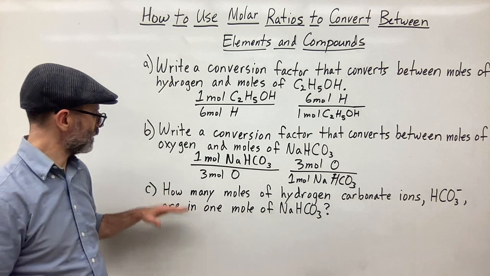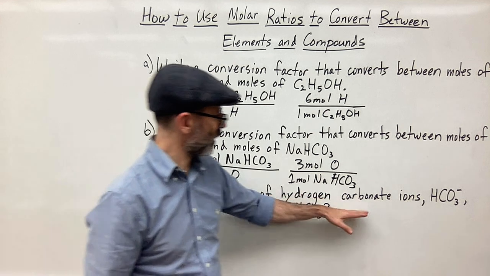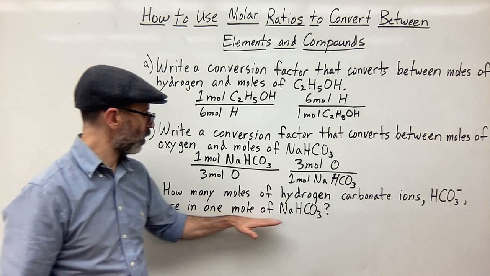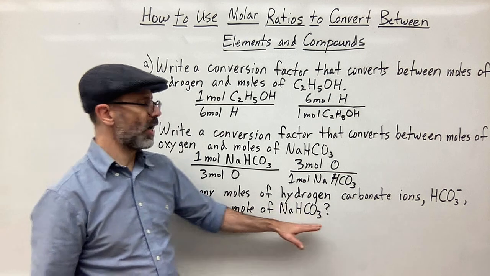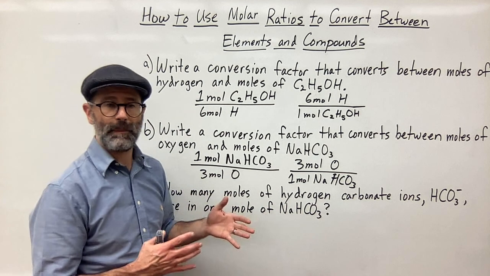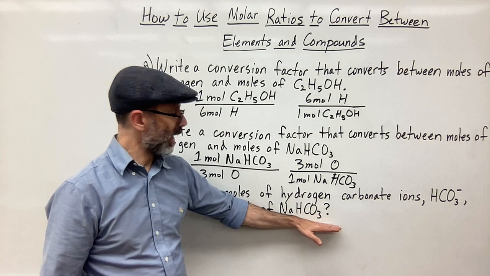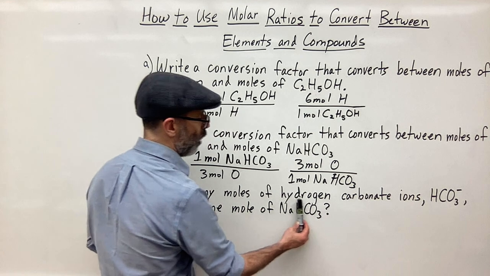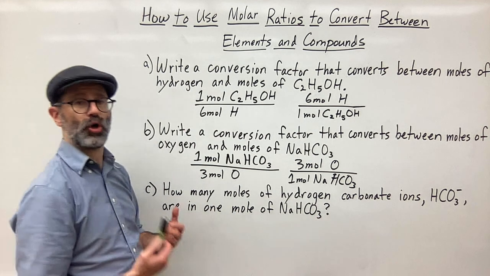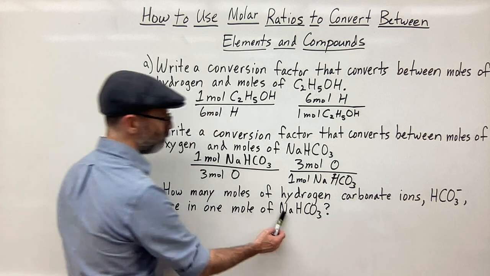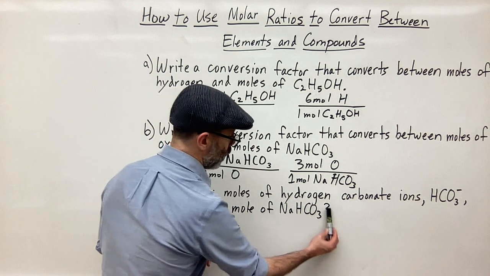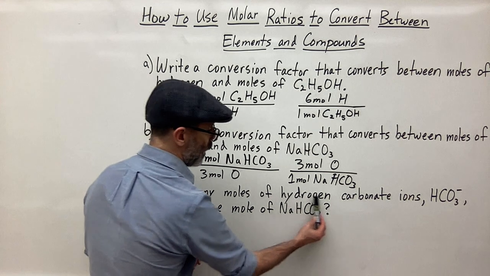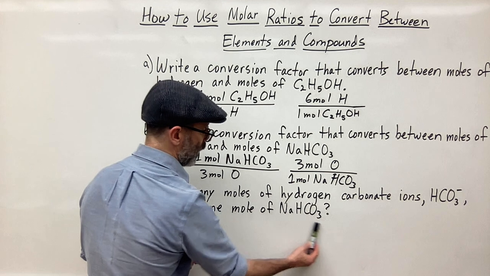Finally, we're asked how many moles of hydrogen carbonate ions, so the HCO3 minus, are in 1 mole of the NaHCO3. So here we're not comparing the element to the compound, we're comparing one ion to the compound. So we're looking at this HCO3 ion and asking, how many moles of this do I have per 1 mole of the whole thing? Well, it's in the formula. If I have 1 of these formula units, then I have 1 polyatomic ion, hydrogen carbonate ion, right?